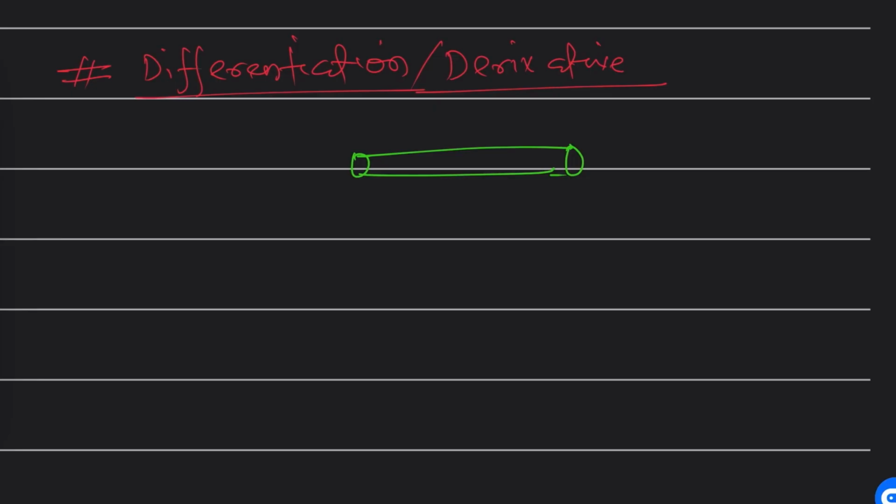Whichever extent you can divide into that much small length, let's say these are divided into small parts. Let's say the length is L, and this smallest part I'm calling dL. This dL is called the differentiated part.